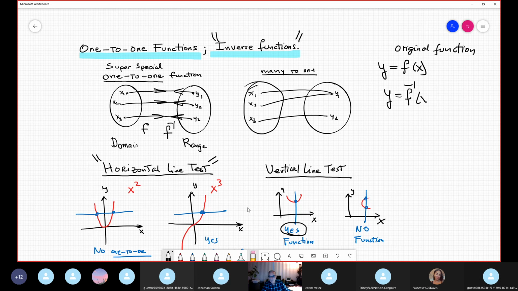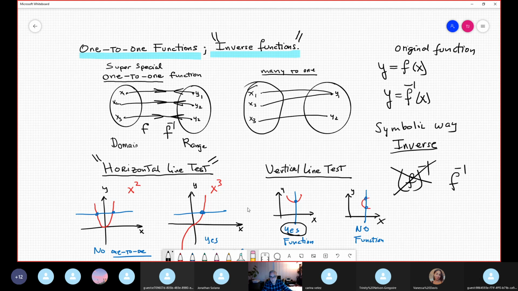And this negative 1 is no exponent. It's the symbolic way to indicate inverse. So this is synonymous to say inverse. When you see a function and you see a negative 1, this negative 1 is no exponent. Si es exponent, you put a parenthesis. No. It's f without parenthesis, negative 1.